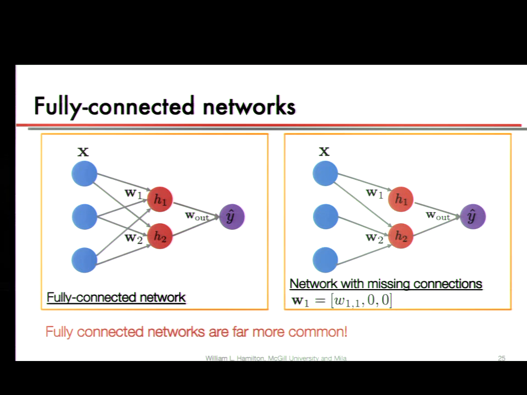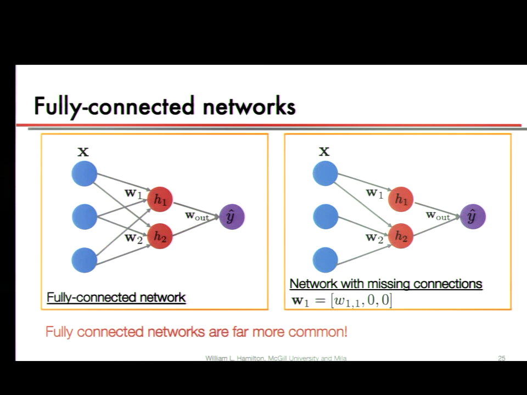But you can, if you want, introduce more structure into your neural network. So you could say that hidden unit 1 only gets information from the first feature. This would mean you're constraining the weight vector of the linear function that generates h1 to have zeros in the second 2 entries.